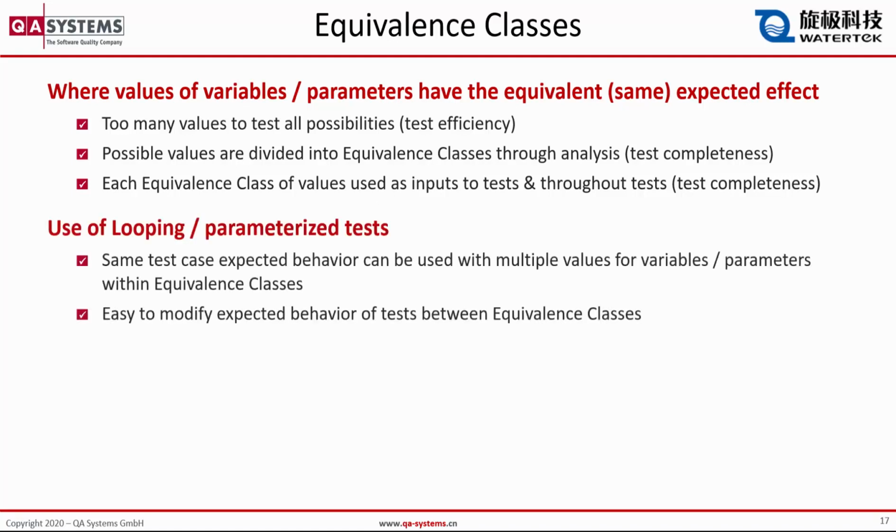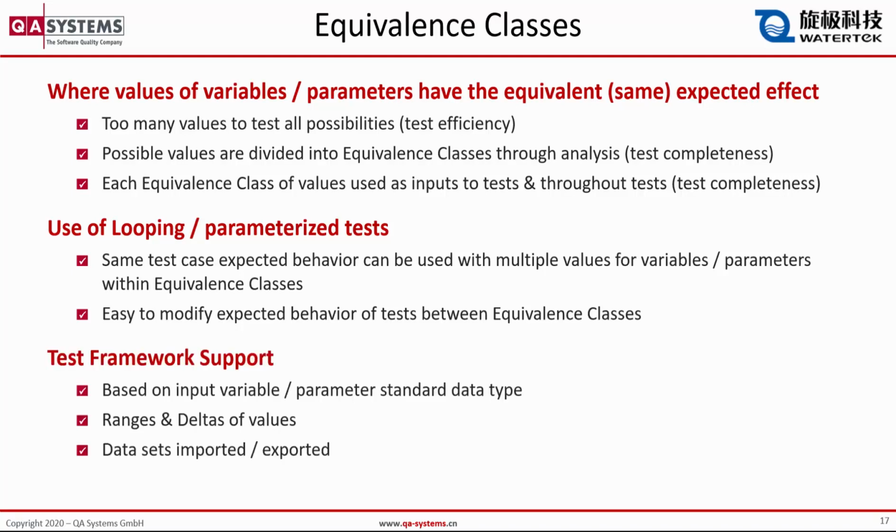So how may we use this technique? One very obvious way is to use the same test case, expected behavior, with multiple values for the variables or parameters within equivalence classes. This is a belt and braces approach, to use more than just one value for an equivalence class. But it is also easy to modify the expected behavior of tests between equivalence classes if you use looping or parameterized tests.